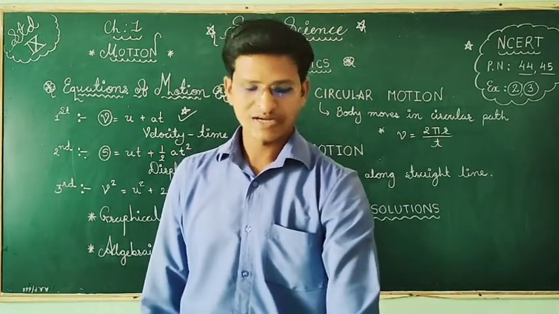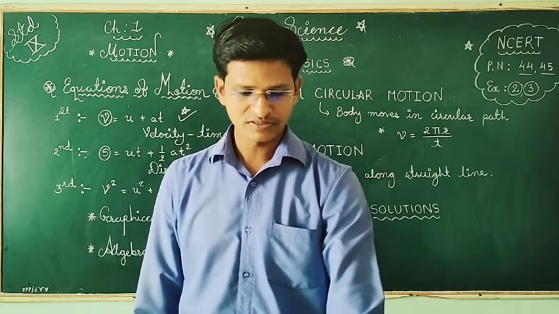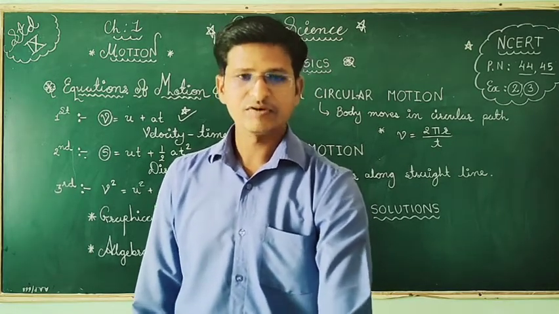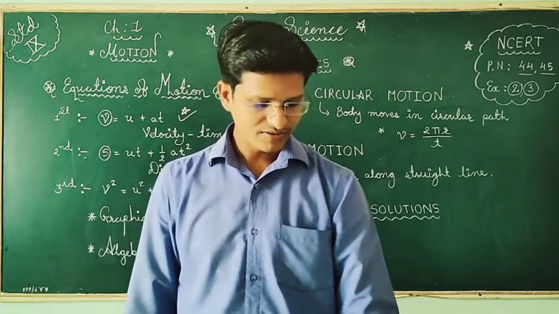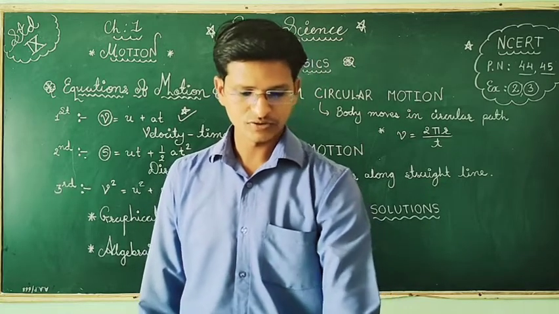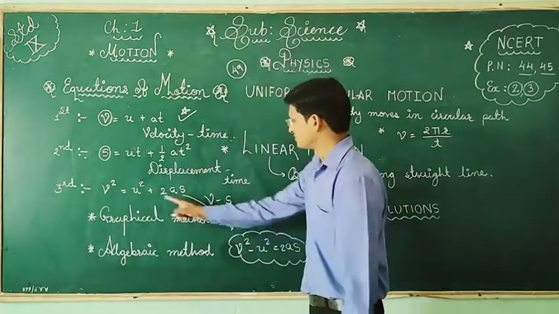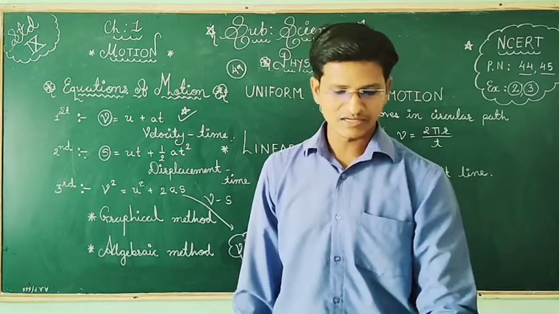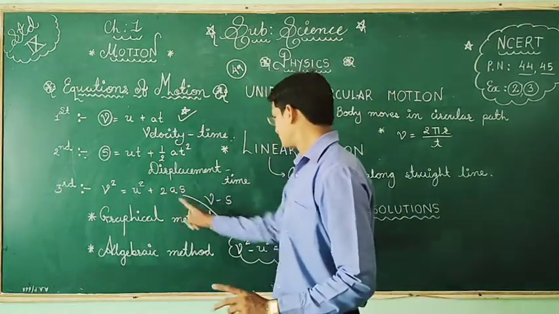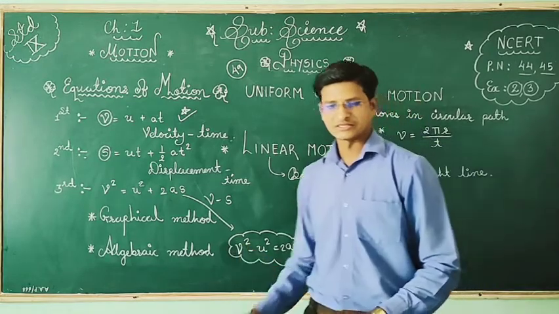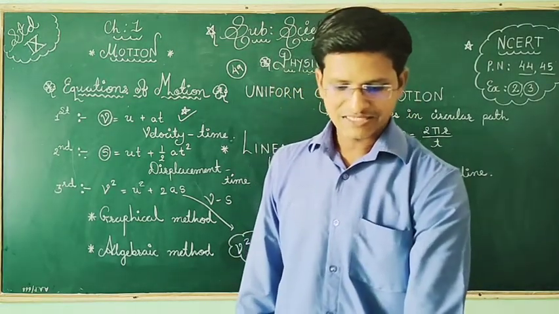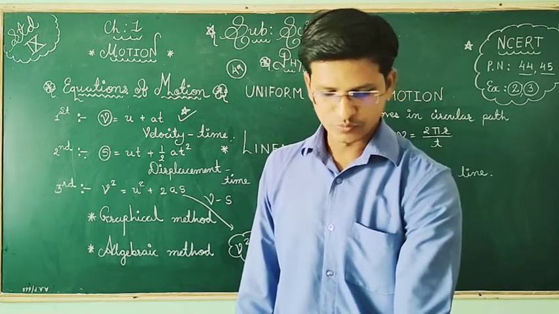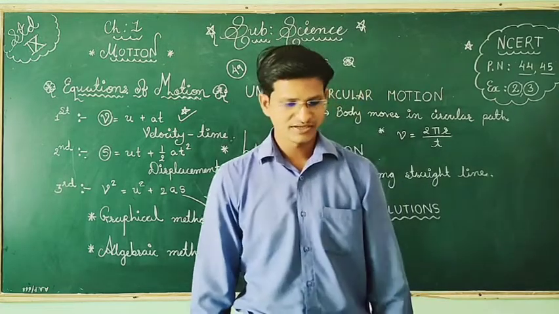The acceleration is 0.07 meter per second square. Using the third equation of motion, you will get the distance traveled by the train in attaining this velocity. In that we can use v square minus u square is equal to 2as, because displacement or distance and velocity are mentioned. So we get s, the distance or displacement, that is 2.86 kilometer. So this is example number 2.